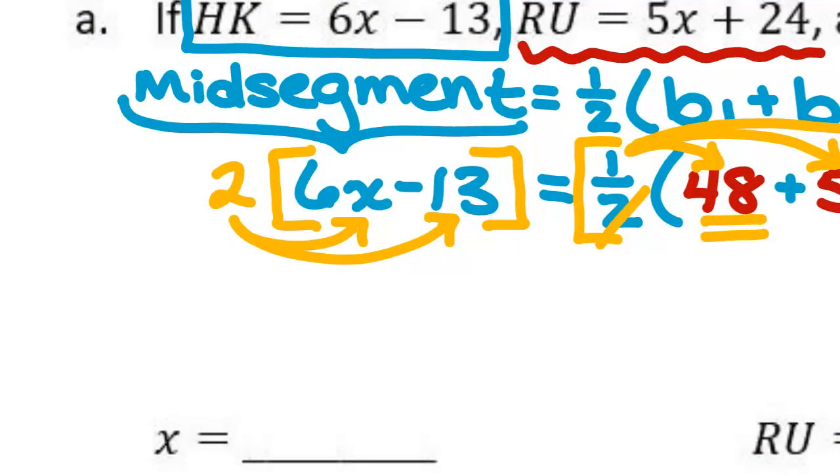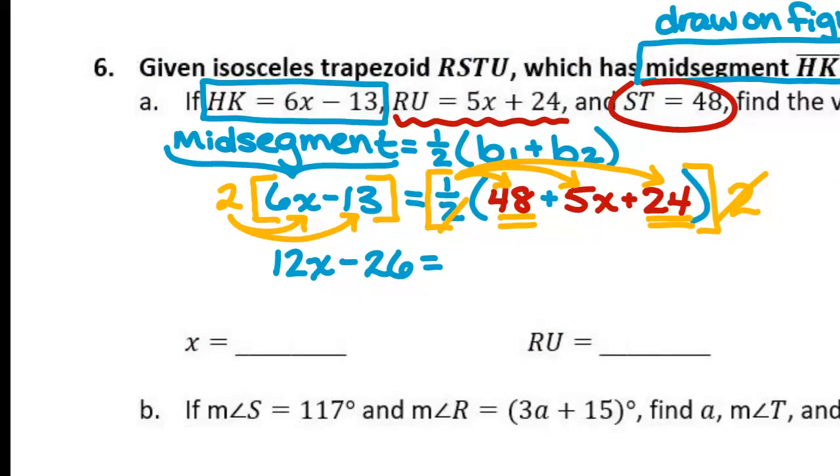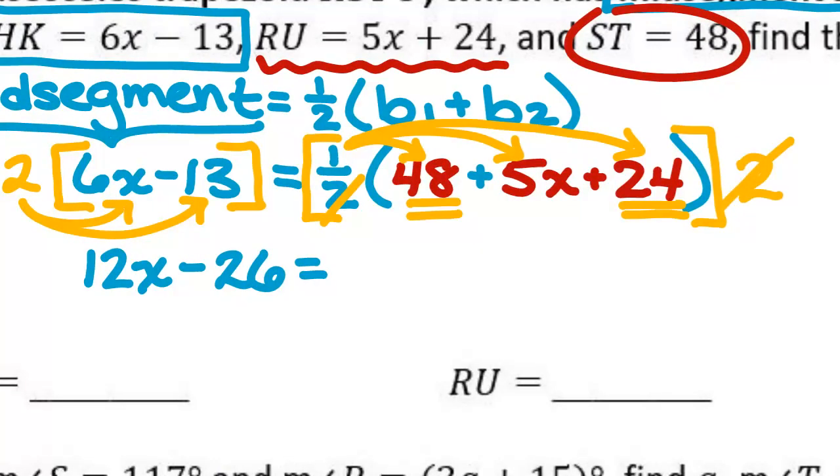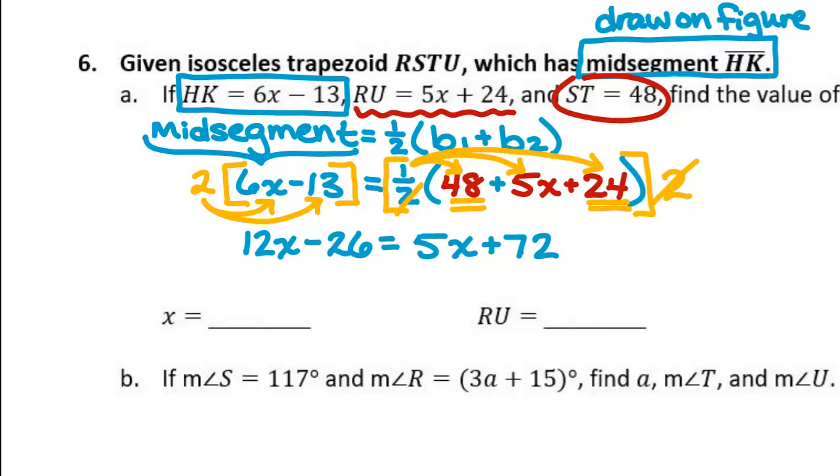So I would have 2 times 6x, that gives me 12x, minus 2 times 13, so minus 26, equals, and then over here on the right, I have 5x, and then I'm combining my like terms together. What do you get when you combine 48 and 24? 72, so 5x plus 72.